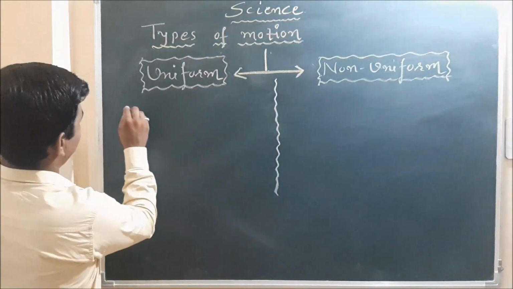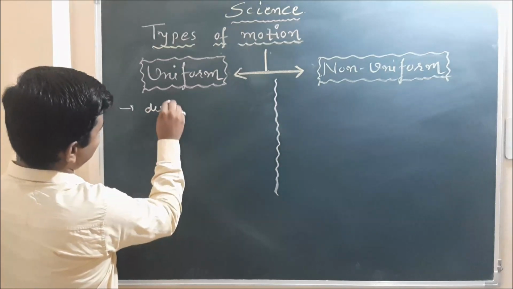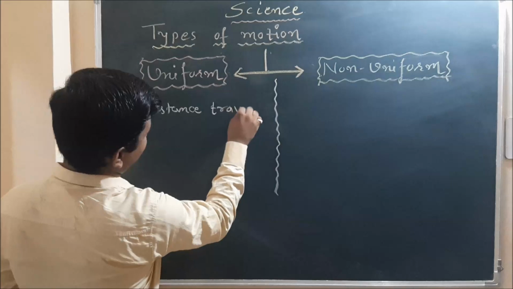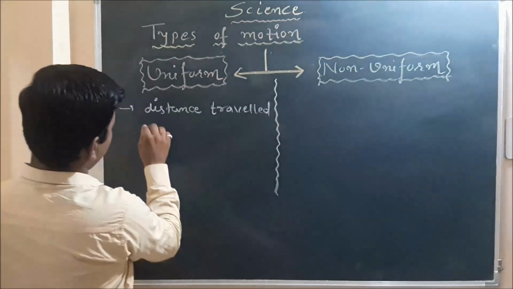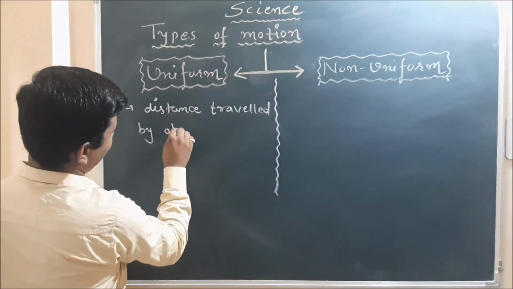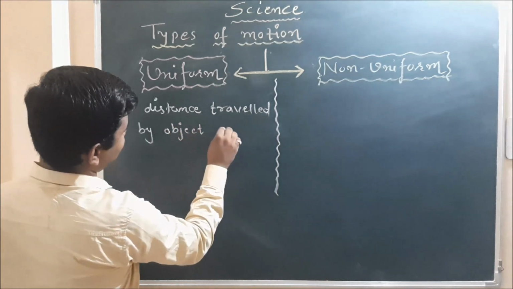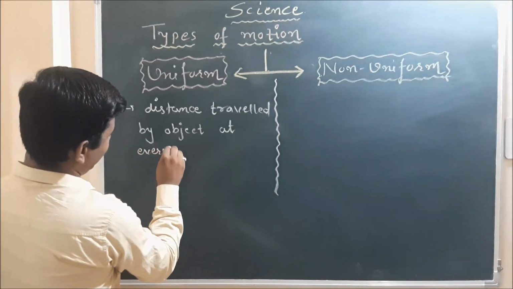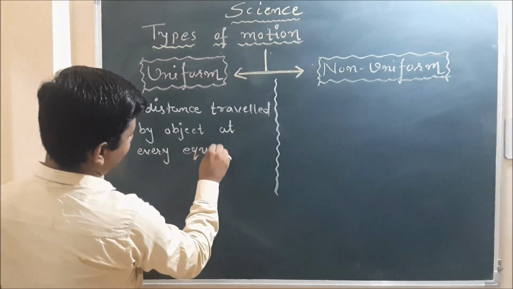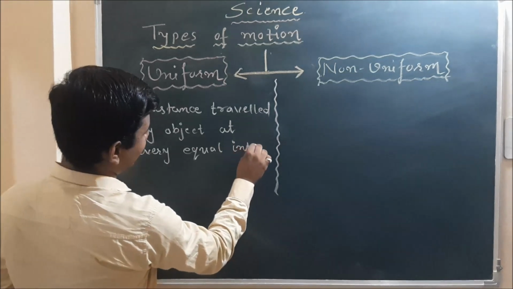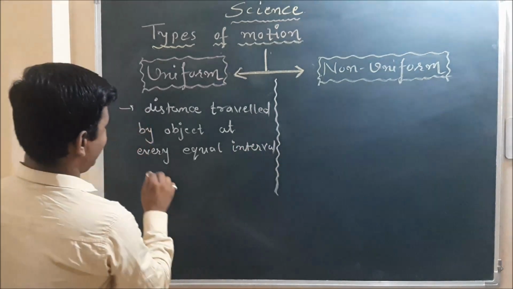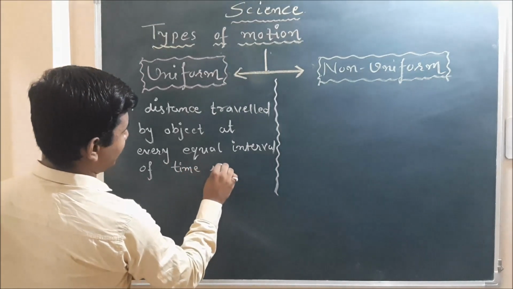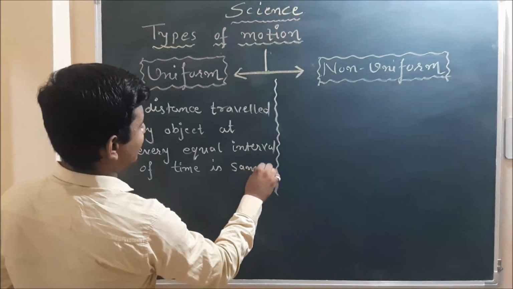Okay, so here we can say that distance traveled by an object at every equal interval of time is the same.